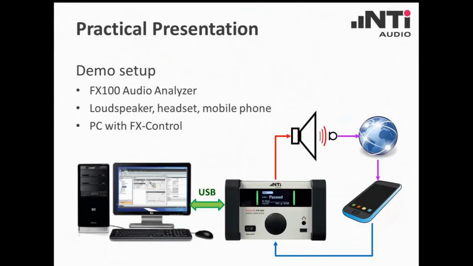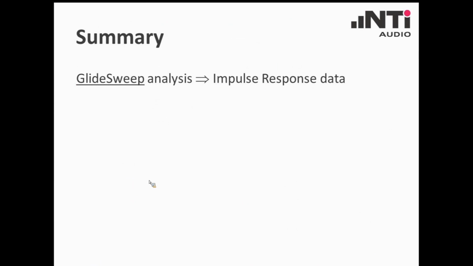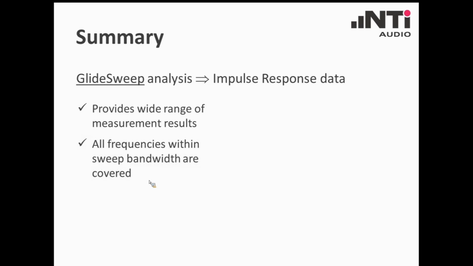First of all, very important, keep in mind, glide sweep analysis is the calculation of the impulse response. And from that impulse response data, we can derive a wide range of different measurement results. Very important that all frequencies within the bandwidth of the glide sweep are covered.